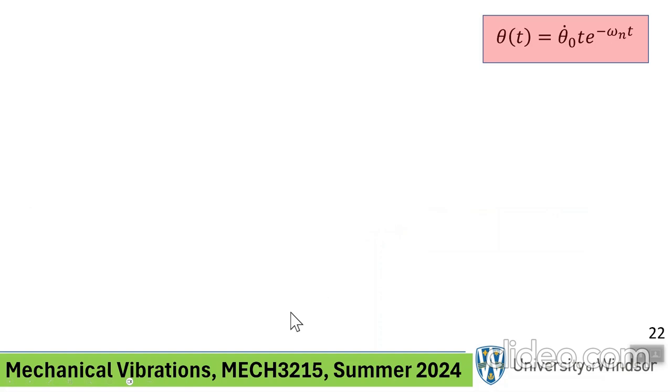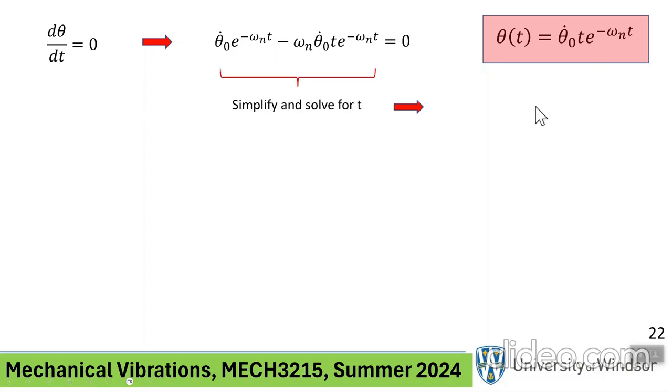So let's do this. Set it equal to 0, you get this equation. Well, I don't know what theta dot 0 is, but one thing is for sure, out of this I can find the value of t. This can be solved for t. So it says the maximum opening of the door is reached after that many seconds.